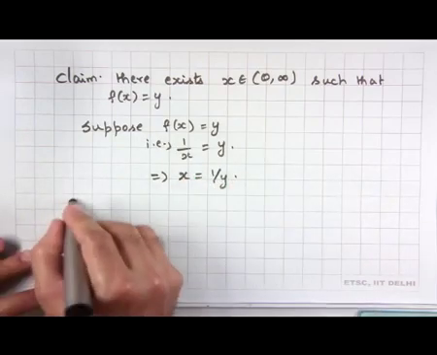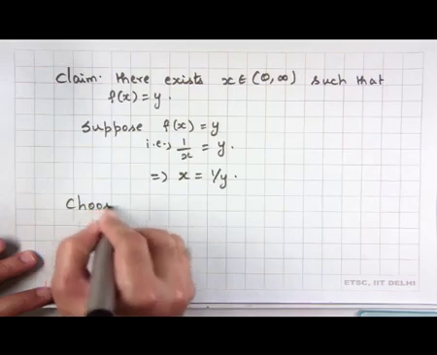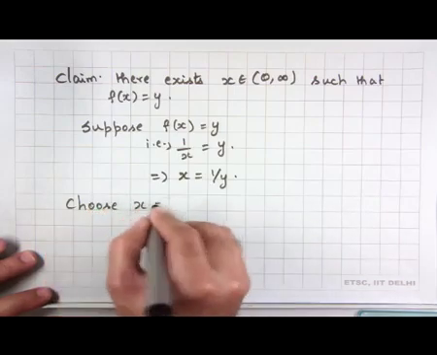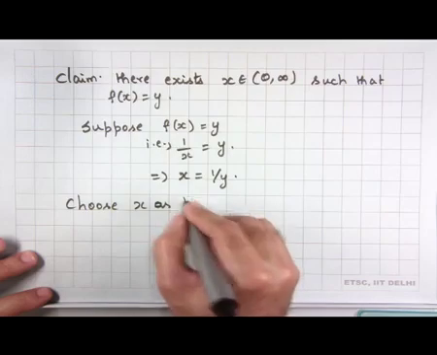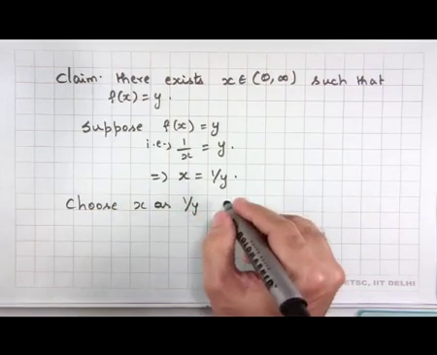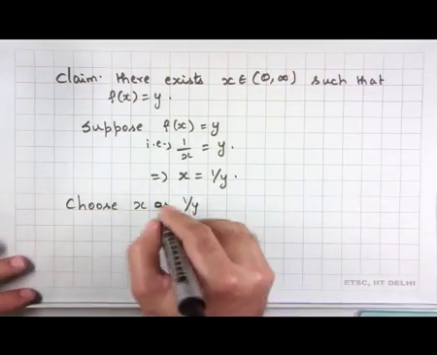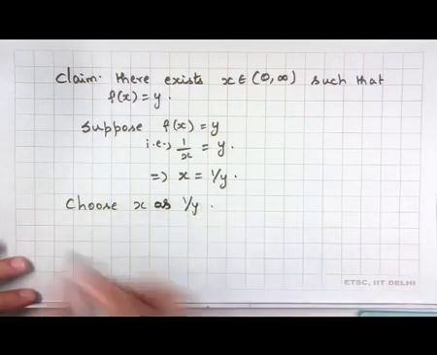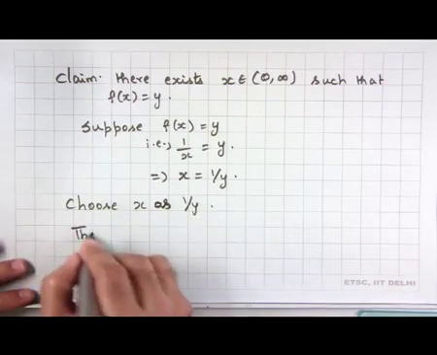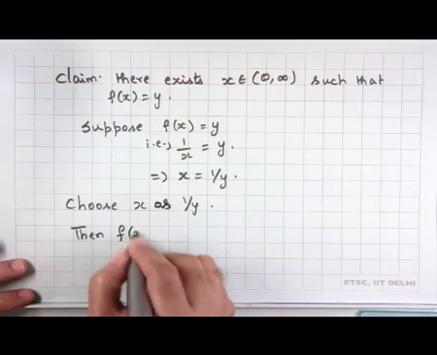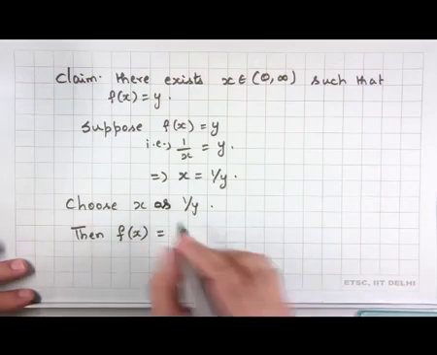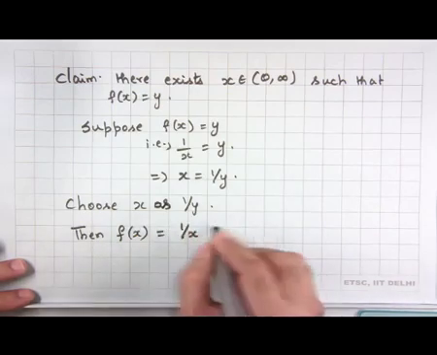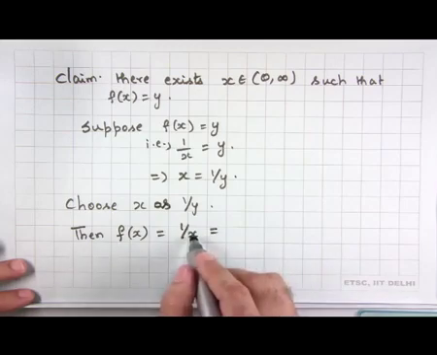So, choose x as 1 by y, then f x which is 1 by x, but our choice of x is 1 by y.